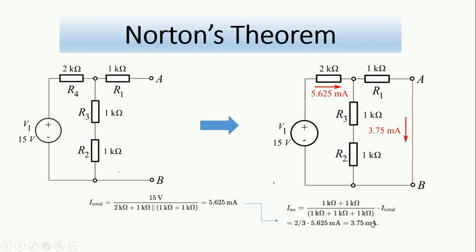Then we get this value here for our current, which is the Norton current, and this is the current if we connect a short circuit across these two terminals.